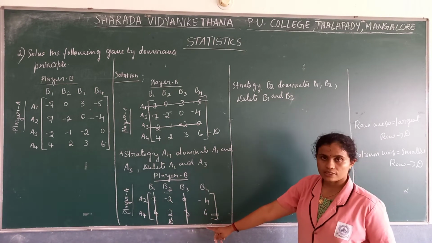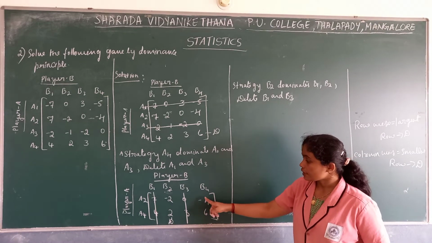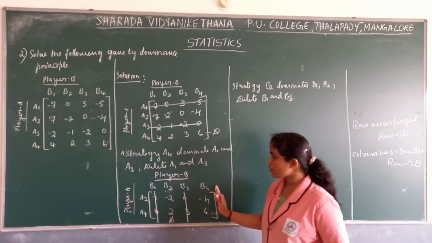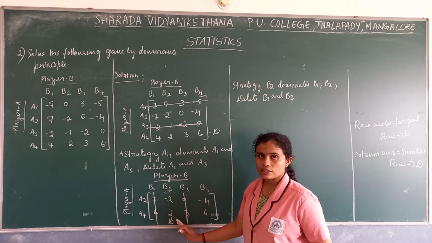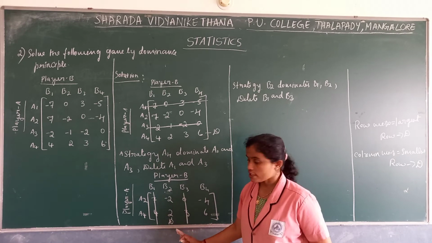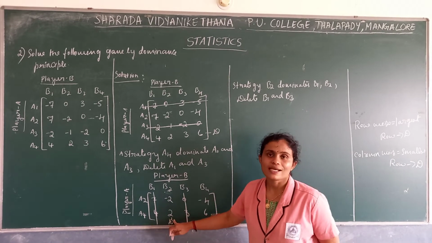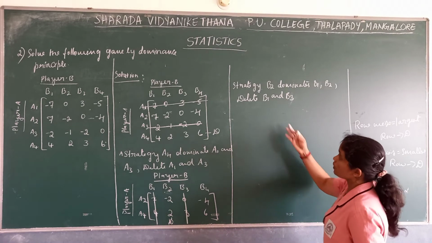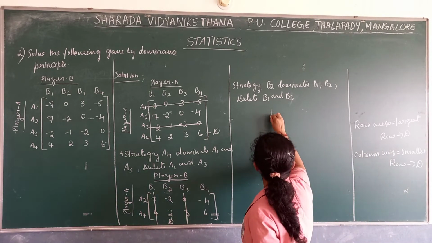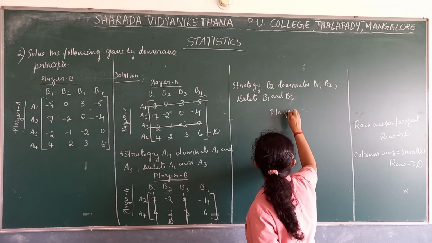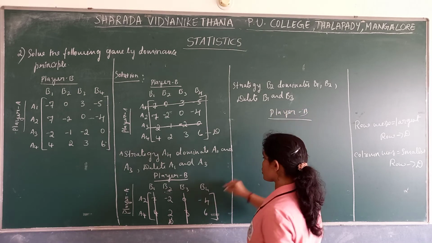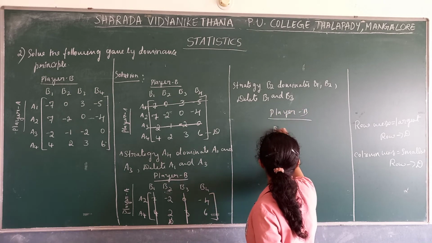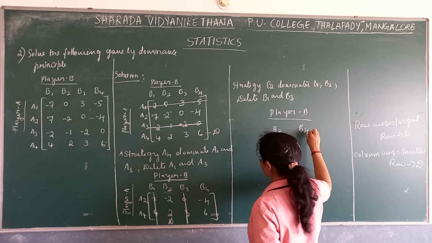I hope you are clear. Here when we compare B4 and B2, it will not work, because the smallest value is in different columns, one here and one here. So comparison is not possible. Now we will move further. What is remaining here? Player B, strategies B2 and B4.